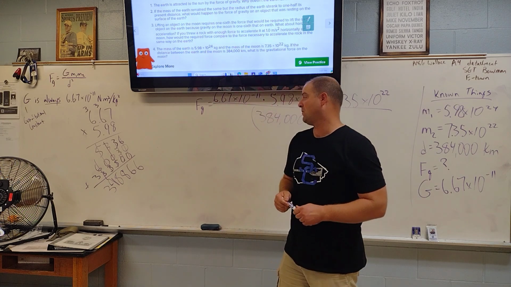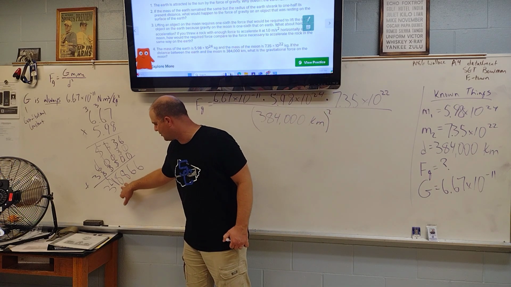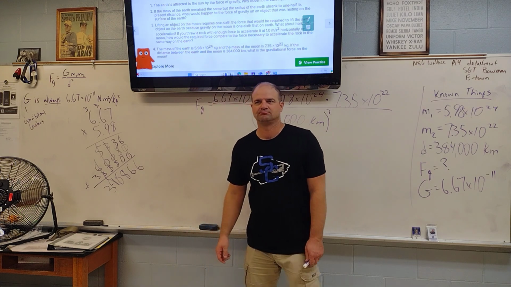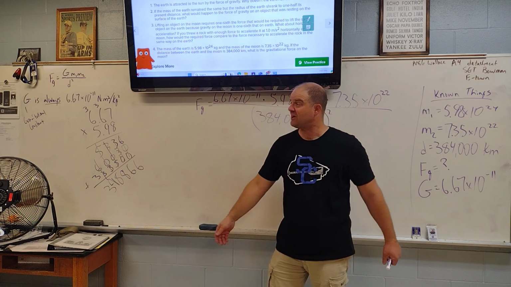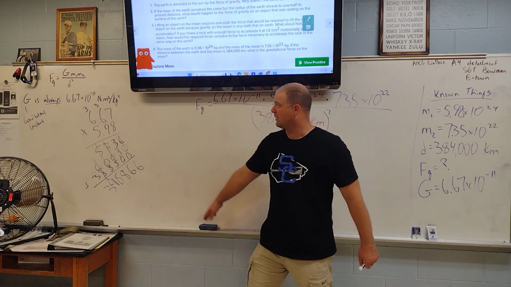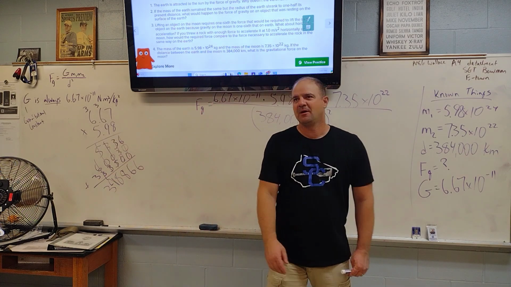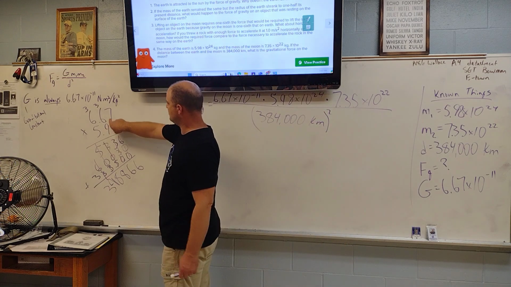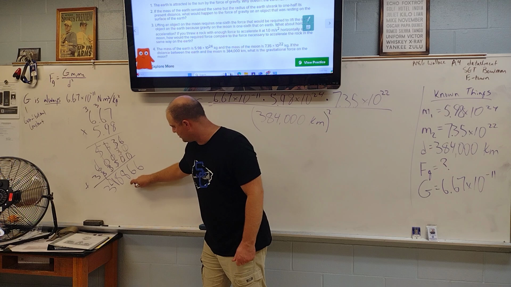Okay, now, how many places over do I put the decimal? Guys, count up all the numbers to the right of all the decimal points. 4: 1, 2, 3, 4. So starting here, I go 1, 2, 3, 4.